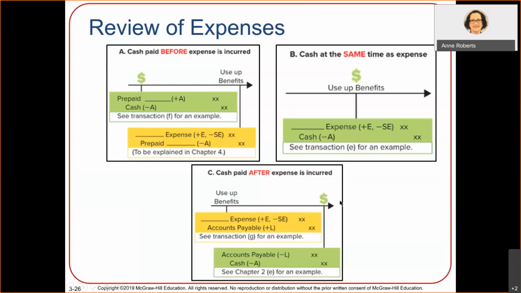Then the other thing that we've got here is we can buy things on credit and then not have to pay for them until sometime later. So this one is utilities. This is from the expense side, where we're actually using power, using natural gas, using the landscaping service, and then we're having to pay for it later.